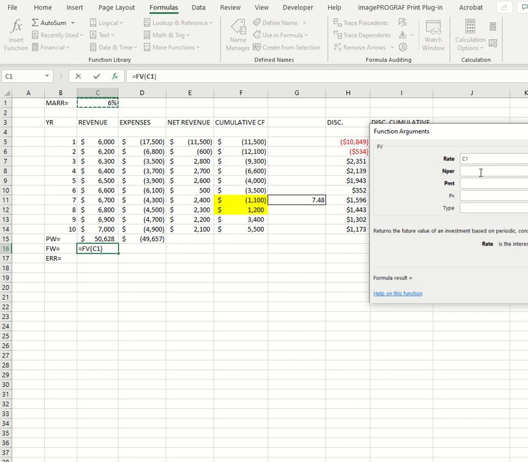Then we're also going to find the N per, which is the N. Could use 9 here. And on this one, instead of using the PMT, we're going to use PV, I think. And that would be negative. So for this future worth, we want to use the present worth for the revenue.